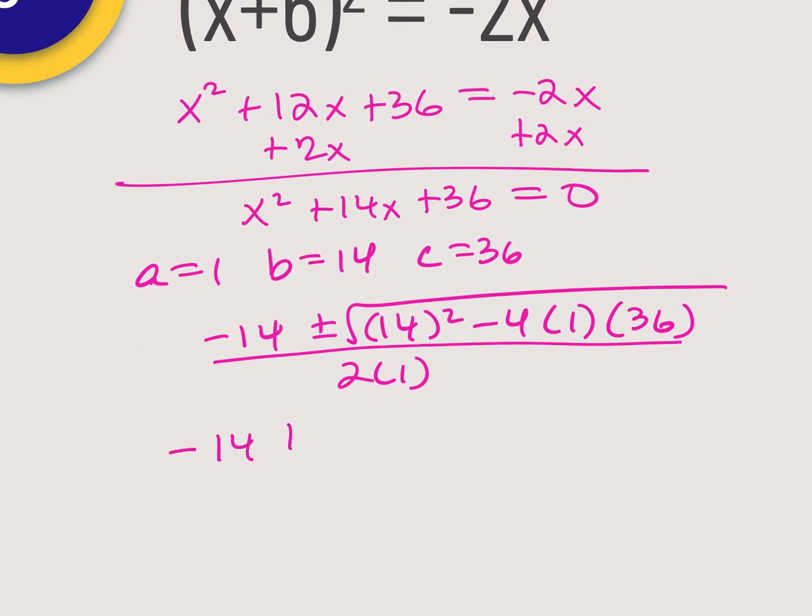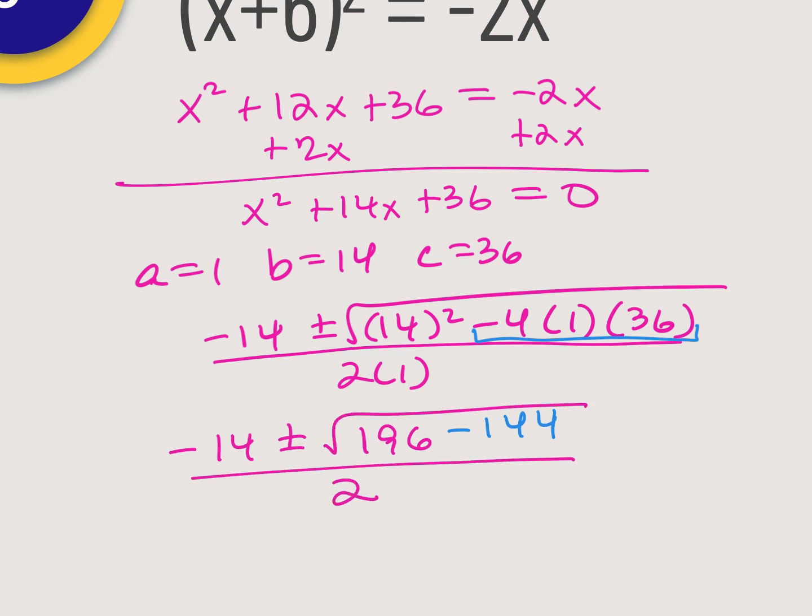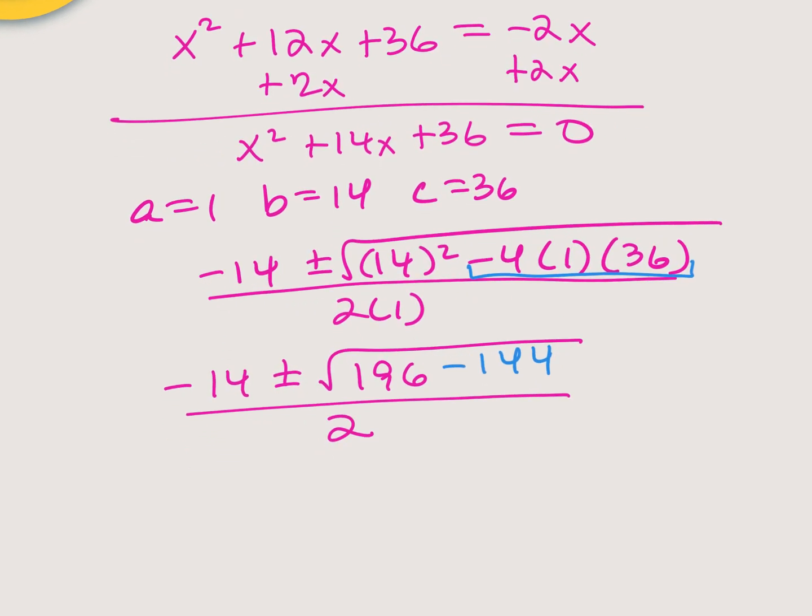Negative 14 plus or minus. 14 times 14 is 196. And then now I'll do negative 4 times positive 1 times 36 gives me negative 144. 2 times 1 is 2. Subtract 196 and 144. I get 52.